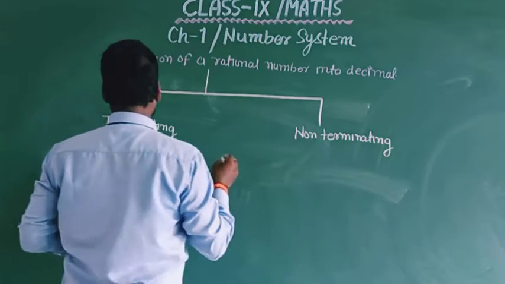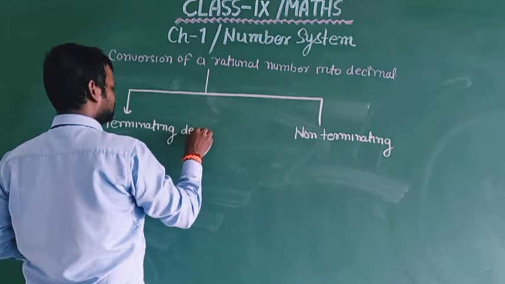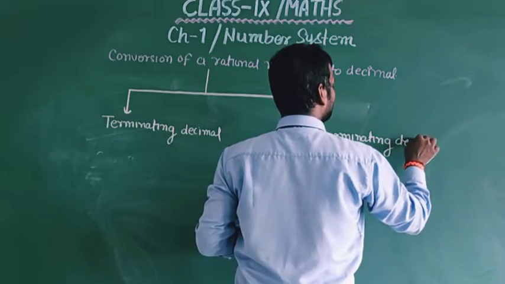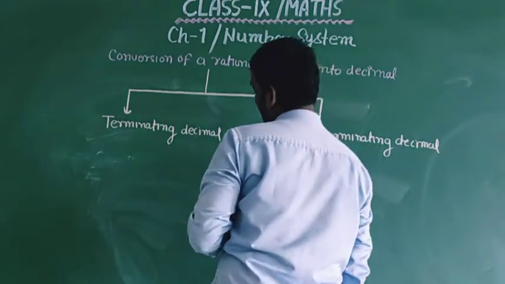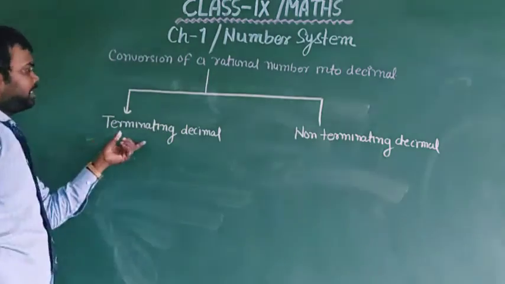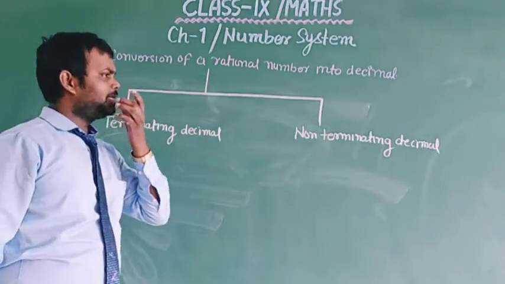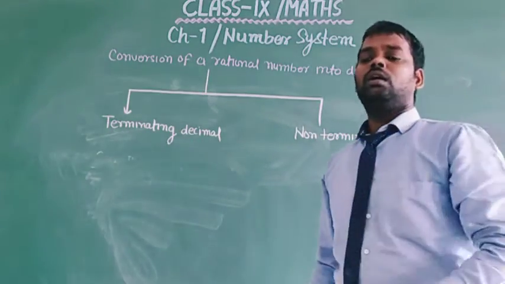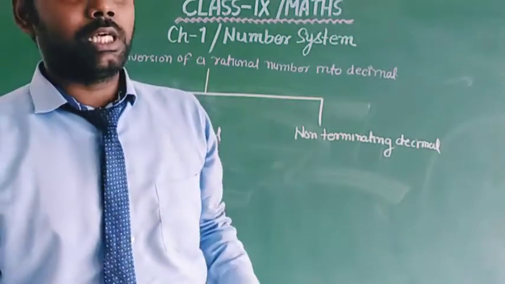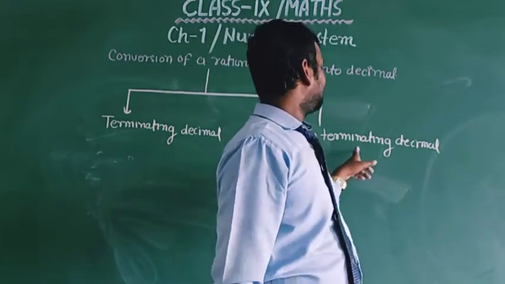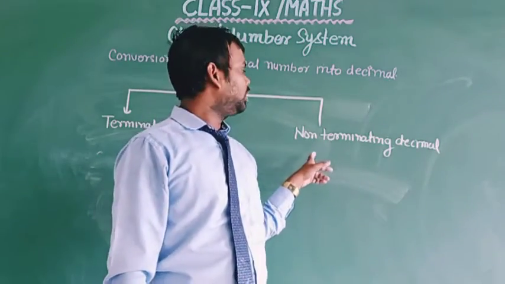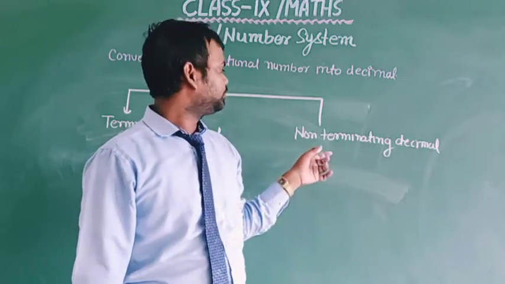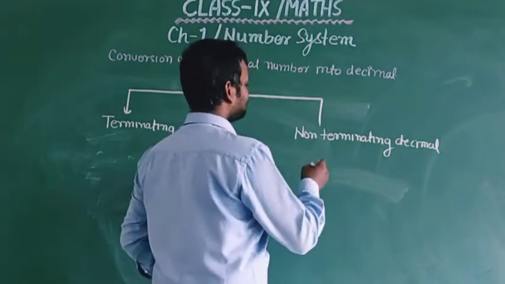In a terminating decimal, when we perform division, the remainder becomes 0 in a finite number of steps, but in non-terminating, the remainder never becomes 0 in any number of steps.